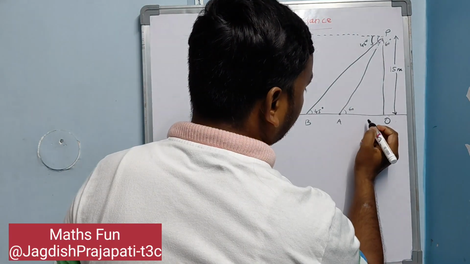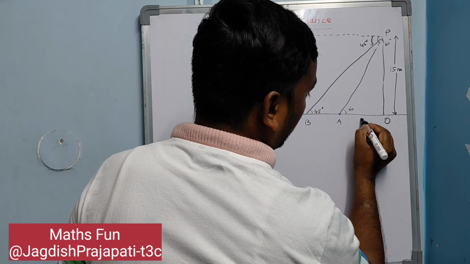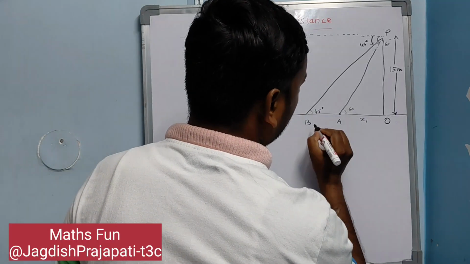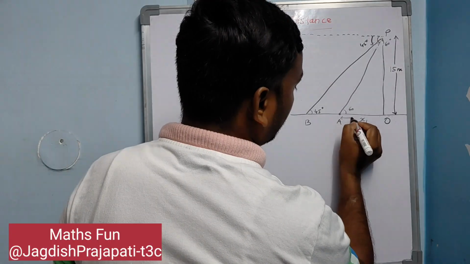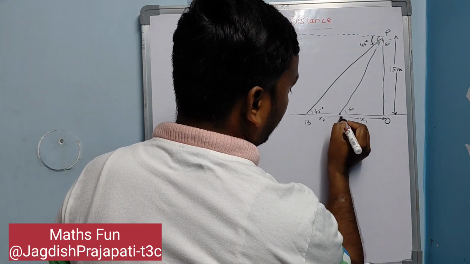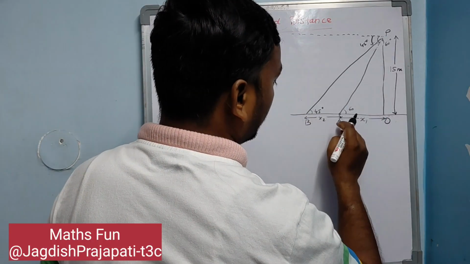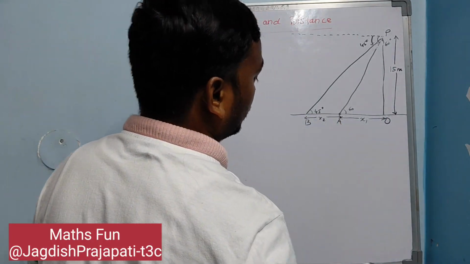Let OA equal to x1, means this distance only, and AB equal to x2.